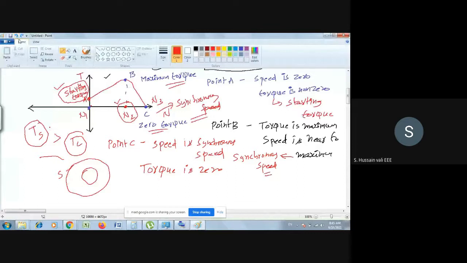They produce a magnetic field in the air gap, with North Pole and South Pole. Assume that they are rotating with a certain speed, which I told you is the synchronous speed. The speed of the rotating magnetic field is synchronous speed, whose value is equal to 120 F/P.